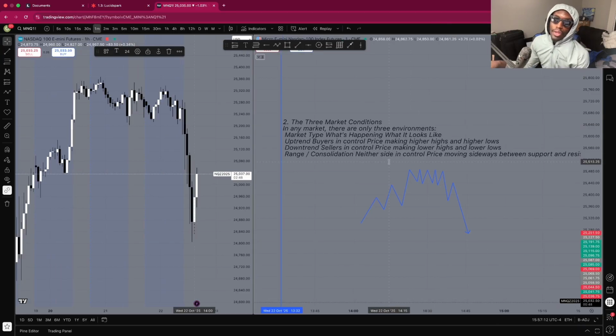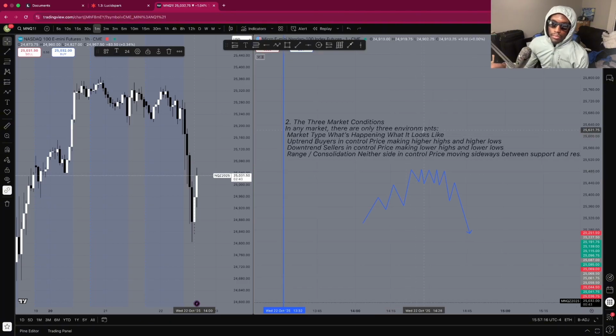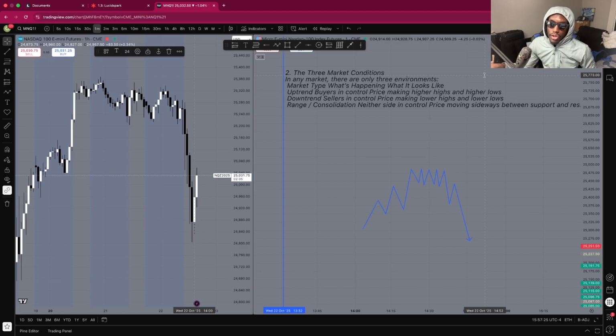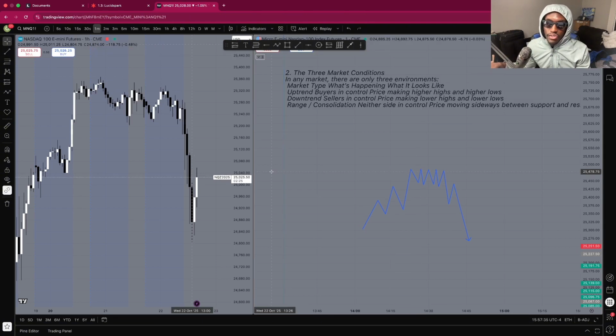All right, so there are three market conditions in every single market. There are three environments. So first of all, we have an uptrend. An uptrend is when buyers are in control, and characteristics of that are simply just the market making higher highs and higher lows.